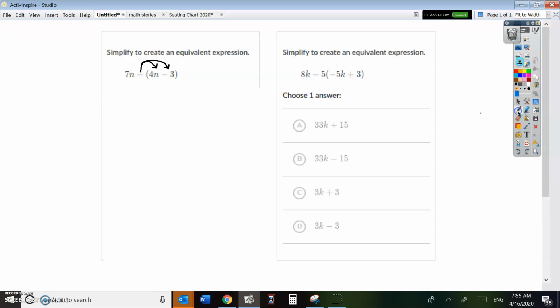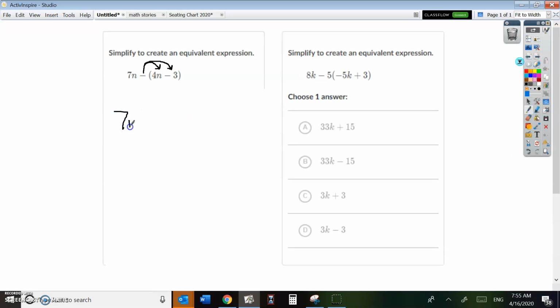So this is going to be 7n, and after you distribute the subtraction sign, you're going to get minus 4n minus 3. So this first negative sign, let me make my highlighter smaller, is right here. And the second negative sign is right here.